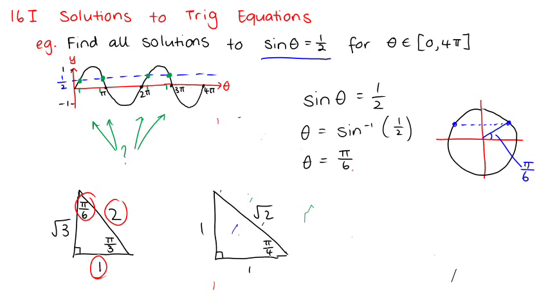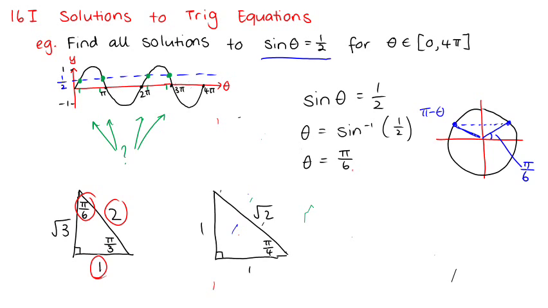Right, so that's our little unit circle. So we know that that angle in there is pi on 6. That gives us 1/2 for our sine. But we know by symmetry that it's also 1/2 over at this point. This quadrant is known as pi minus theta.